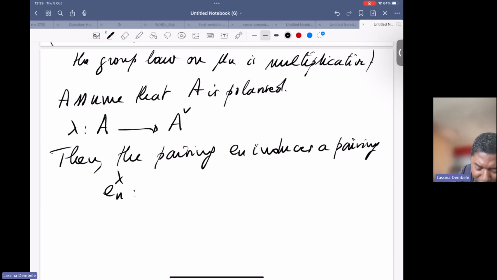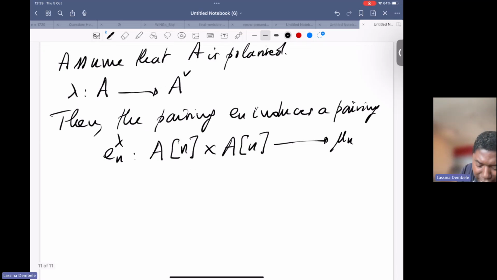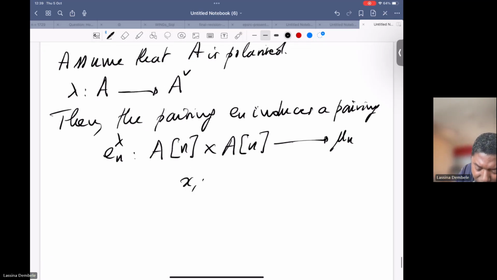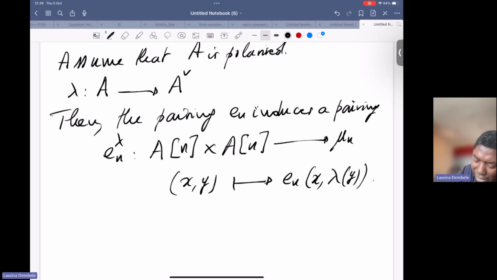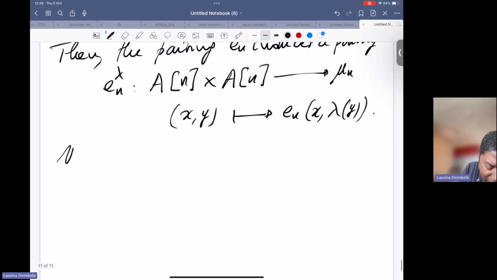In this case, this pairing goes from A[n] cross A[n] into mu_n, and you send x, y to e_n applied to x, lambda y. And we call this a Weil pairing.